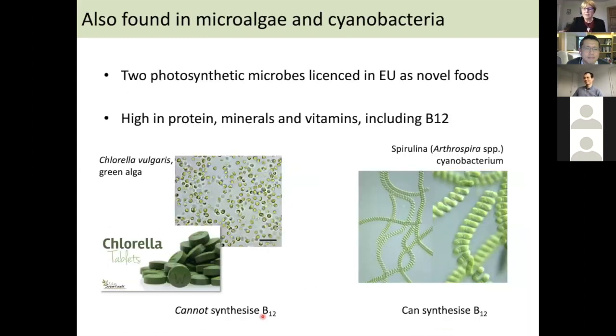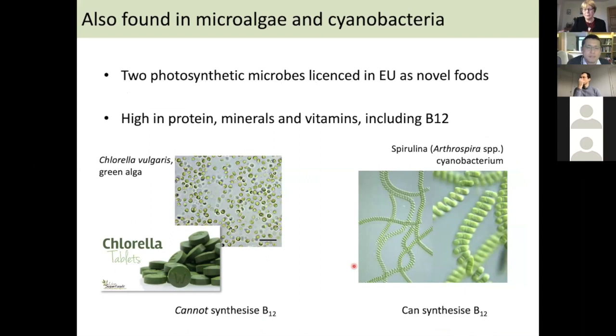But in fact, microalgae are also a good source of B12. So there are actually 2 microalgae, in inverted commas, which are licensed in the EU as novel food, and that is chlorella, which is a microalga, and then this cyanobacterium.